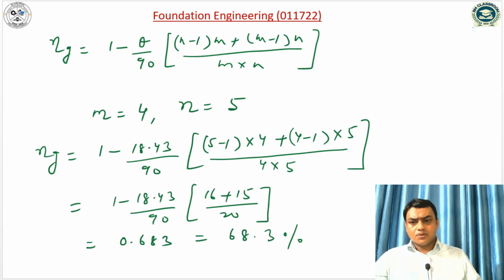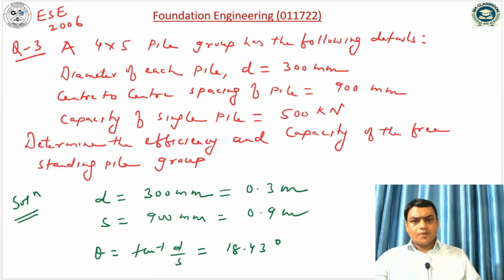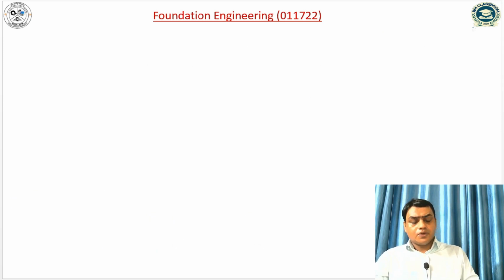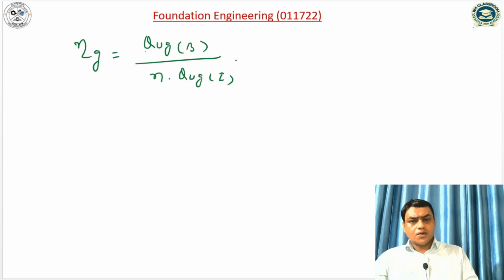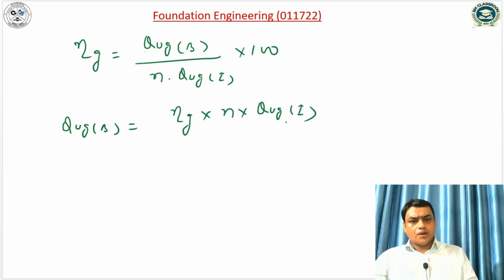Now we have to determine the capacity of the freestanding pile group. The efficiency of the pile group can also be written as QUG block divided by n into QUG individual into 100. So QUG block is equal to efficiency into n into QUG individual.